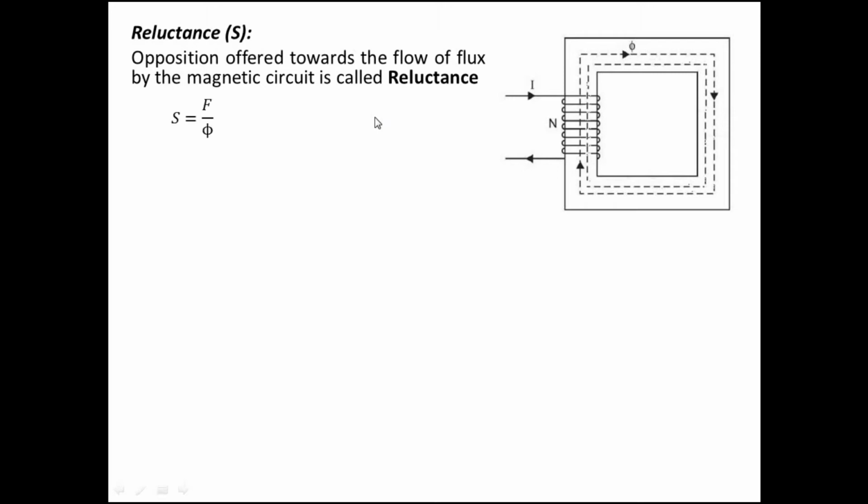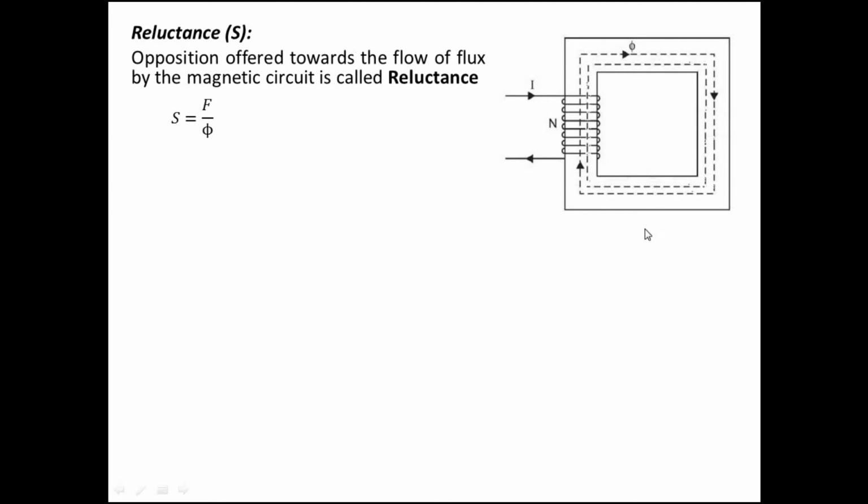If you are comparing with the electric circuit, in an electric circuit current is flowing and the source is an EMF. Here the source is an MMF and the flux is flowing.